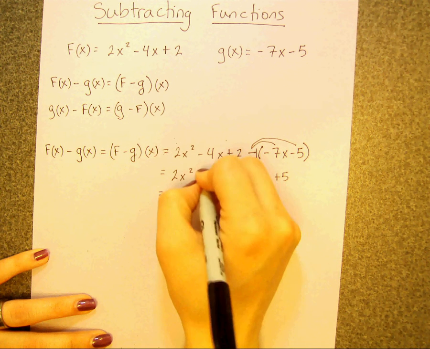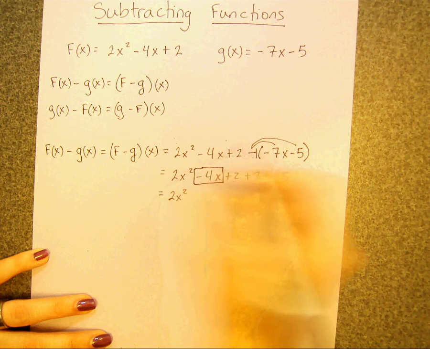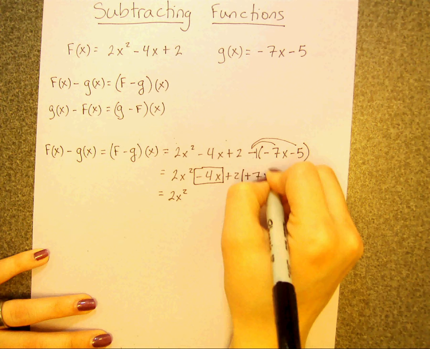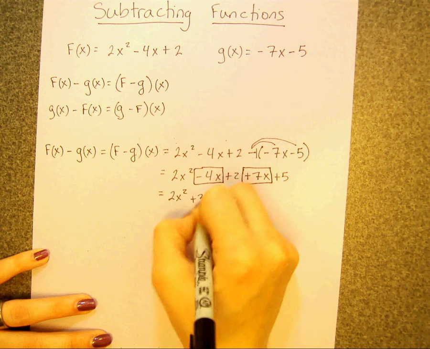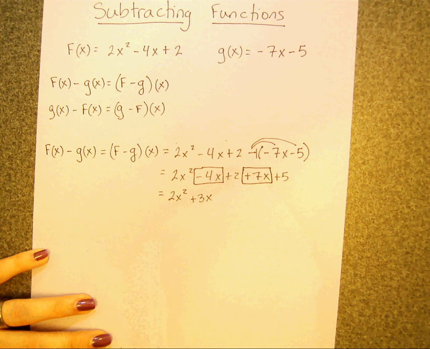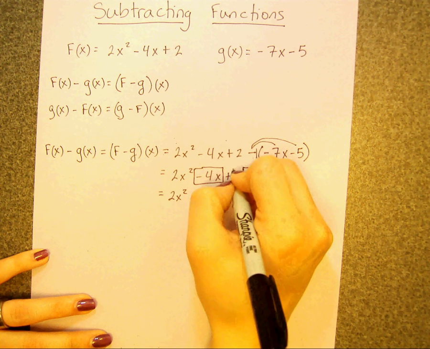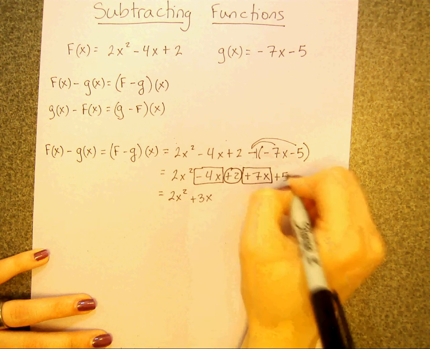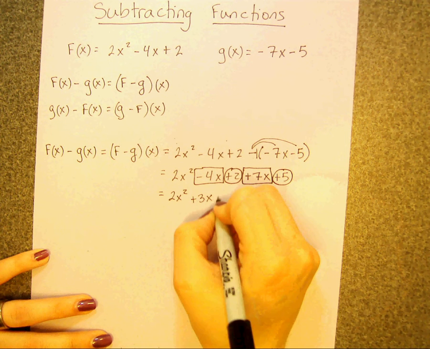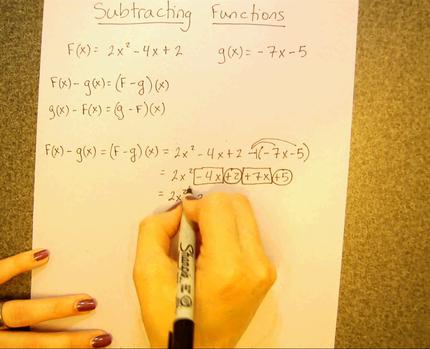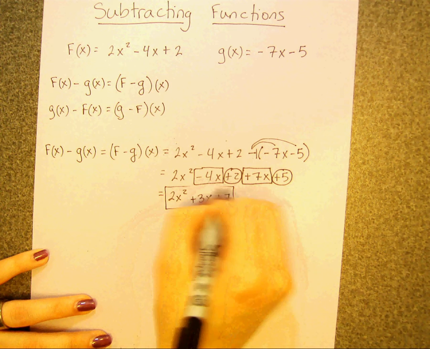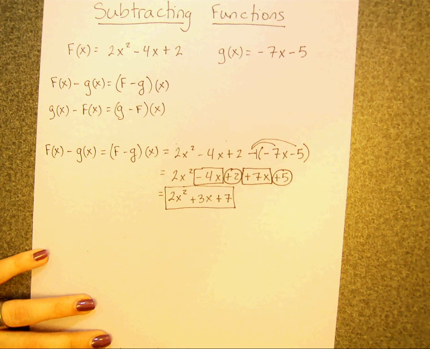Then I'll have my x's, so I have negative 4x plus 7x, which gives me positive 3x. And last, I have my constants, so positive 2 plus 5 gives me positive 7. There we go. I have subtracted my two functions.